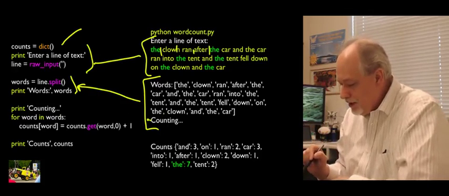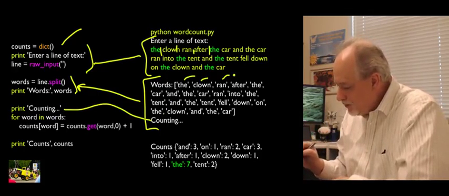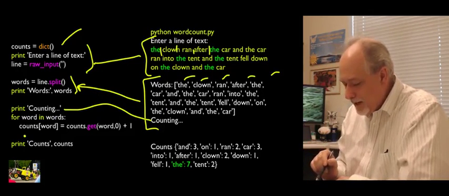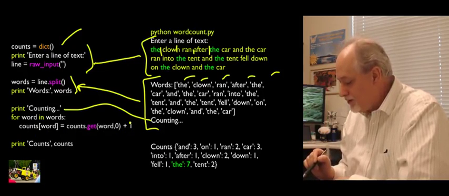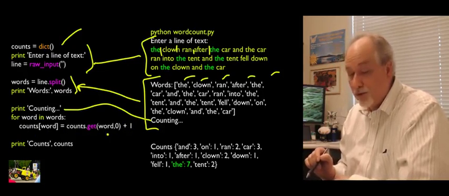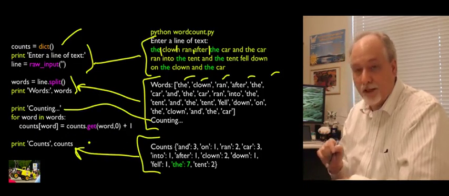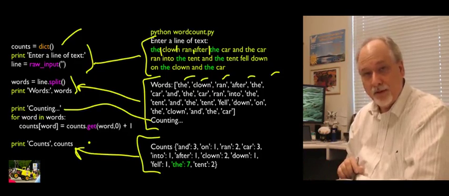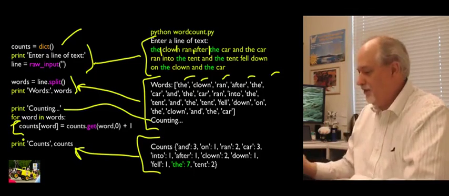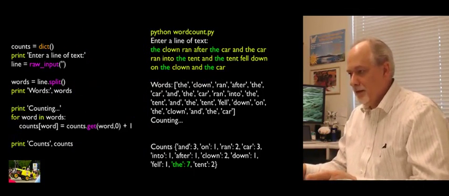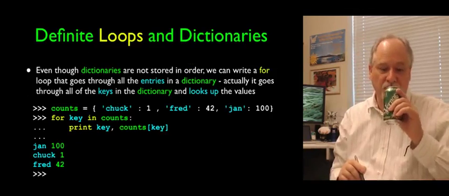And then here at counting, we're going to loop through each of the words one at a time and use this idiom, count sub word equals counts.get word comma 0 plus 1, which is going to create and or update. And then we print the counts out, and that comes out there. Okay? So again, this is the new thing we've done. Everything else here we've kind of seen before. Now we can also loop through dictionaries with for loops.